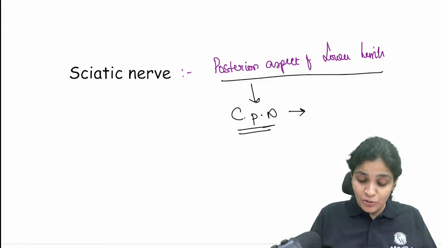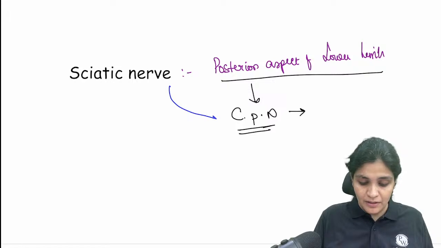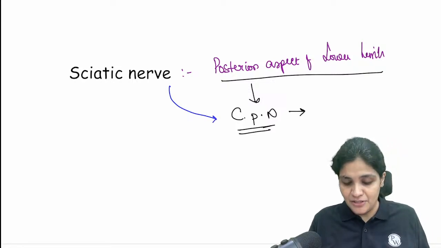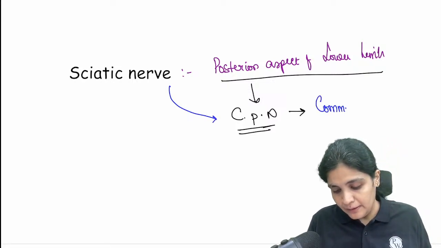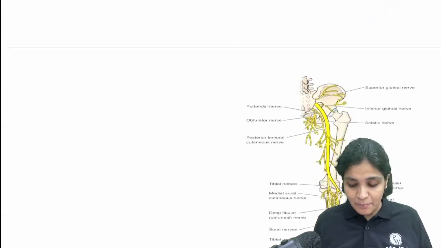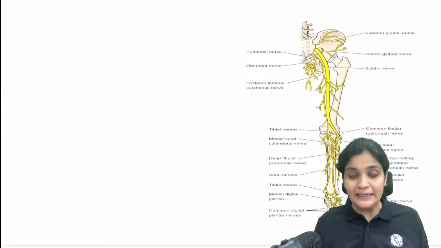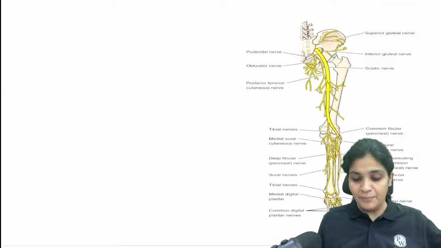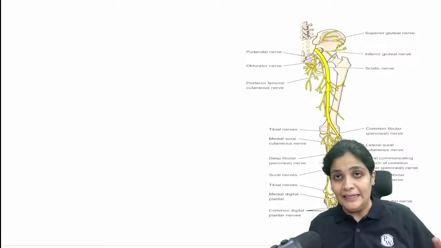Even though it is the sciatic nerve that is damaged, it will result in common peroneal nerve damage. So this is the common peroneal nerve. And what is the importance of it? This is your sciatic nerve, and it runs right from the hip joint to the ankle joint, right?